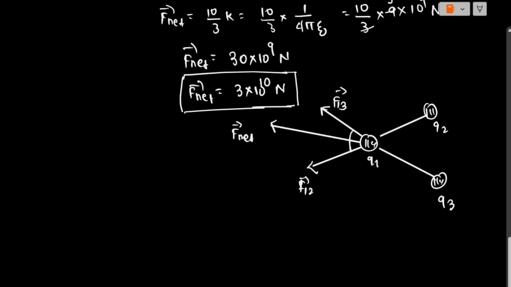We can also know that this force is a repulsive force, so we write here, repulsive, right? So this is a repulsive force, and this would act on charge q1 in a different direction. R1 vector is here and R2 vector is here. F net would act in a completely different direction from F13 and F12, right?